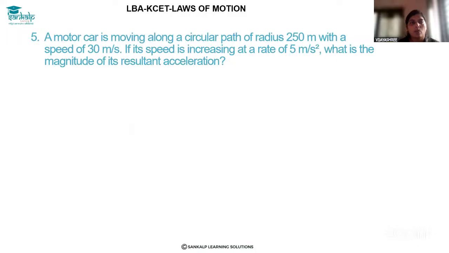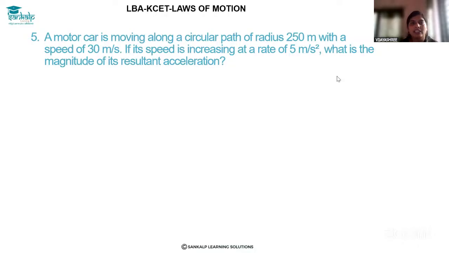Hello everyone. Welcome to Sankalp Learning Solution. I am Vijayashri. We are discussing LBA-KCET questions of the chapter Laws of Motion. Let us see question number 5. A motor car is moving along a circular path of radius 250 meter with a speed of 30 meter per second.